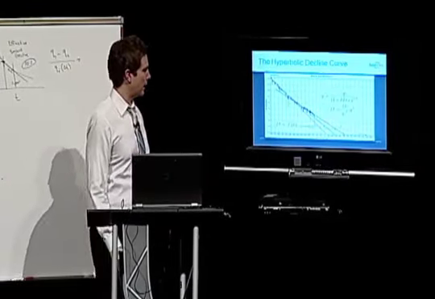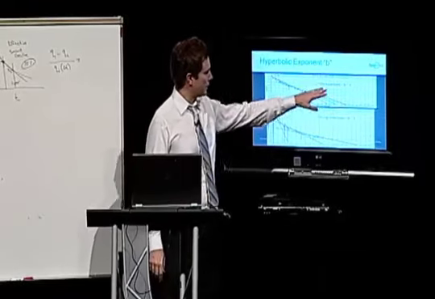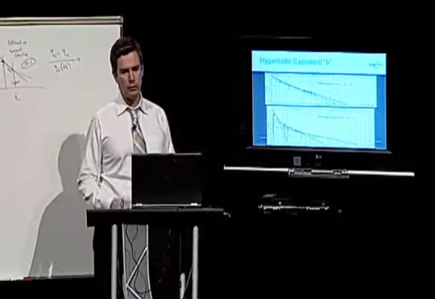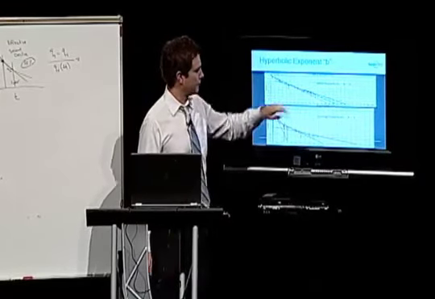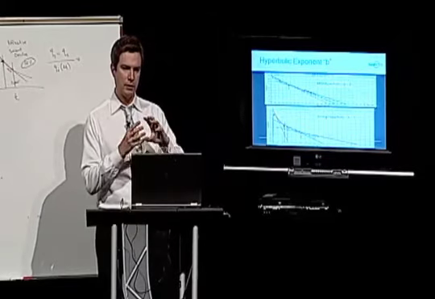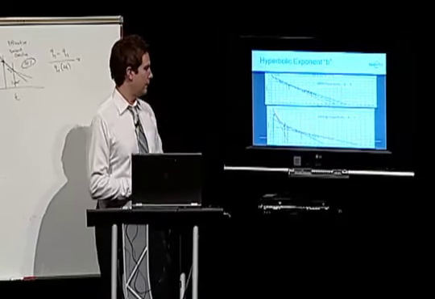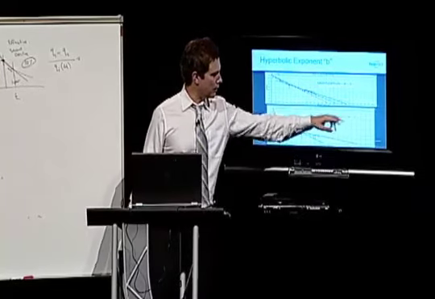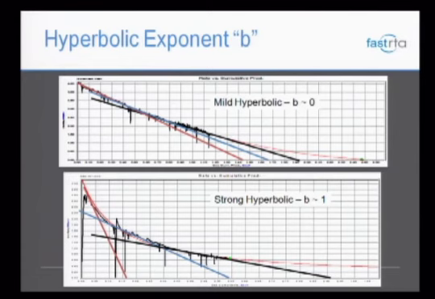And it turns out that what happens is if you make the b-value something close to 0, and we'll call that a mild hyperbolic equation, that looks something like this. And the production decline has a mild curvature to it. If you make the b-value something larger, such as 1, or even greater than 1, then what happens is the shape of that curve becomes more pronounced. And we have what's called a strong hyperbolic behavior.